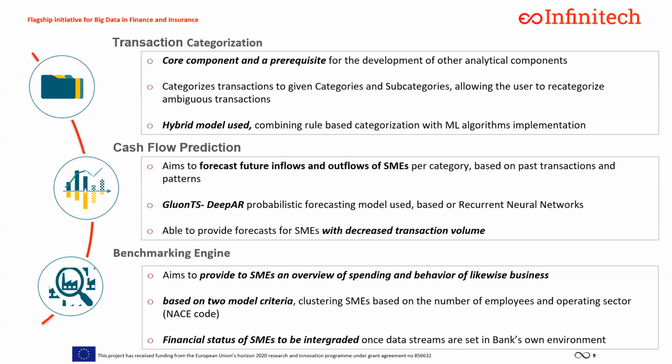And then the NACE Rev2 code, which is a European standard to have an idea of the operating sector the SME is operating in. Once we have data streams, we want to integrate the financial status of SMEs, meaning the balance they have, so we can have a more accurate clustering of like-wise businesses.